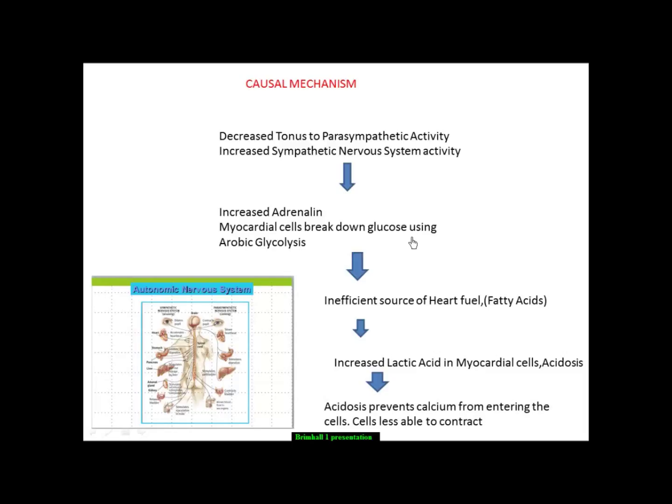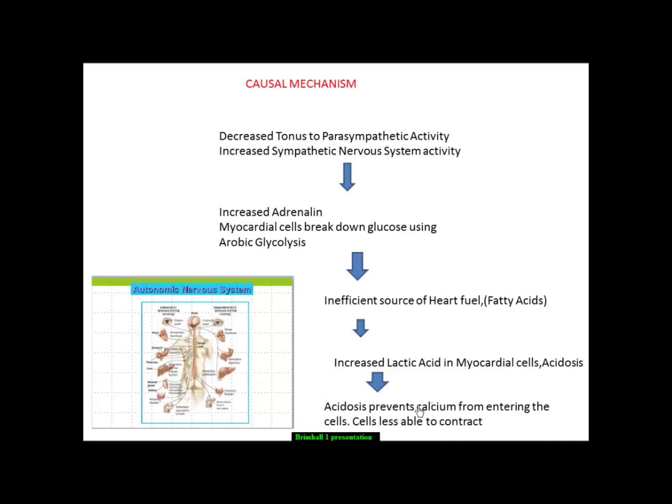Our myocardial cells break down glucose. If we're in a stress mode, we're going to have more glycolysis. We're going to produce more sugar and be more in anaerobic glycolysis. And guess what? We all know the heart runs better on what? On fats. So when we're running the heart muscle on glycolysis, we get an increase in lactic acid in the myocardial cells, more acidosis.